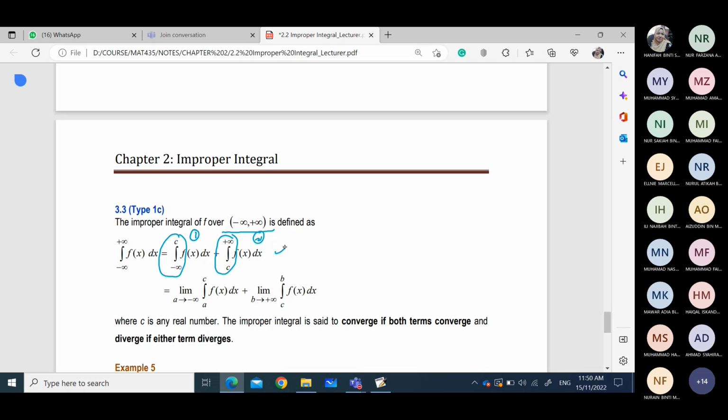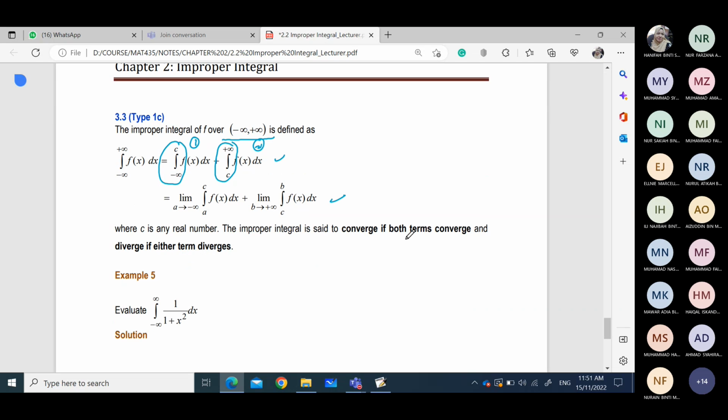Based on the definition, we have the limit as a approaches negative infinity for the integral of f of x dx, where x is a to c, plus the limit as b approaches positive infinity for the integral of f of x dx, where x is c to b. So type 1c is a combination of type 1a and 1b.